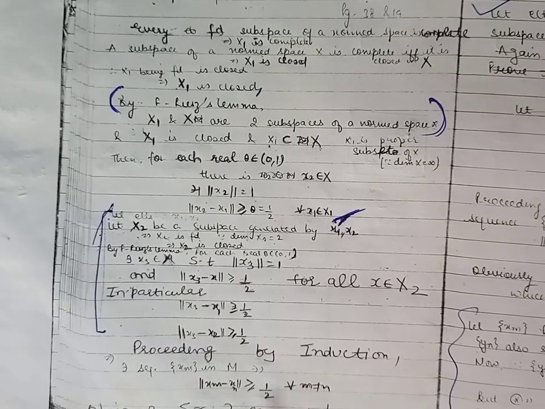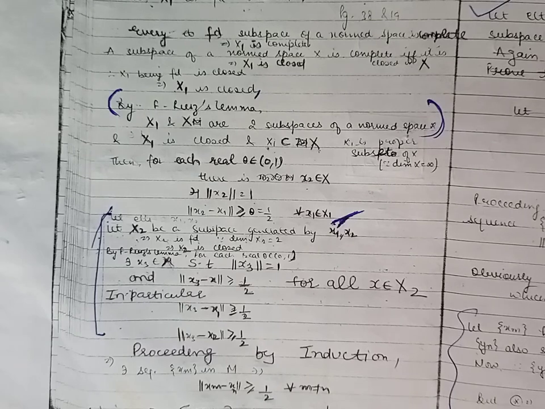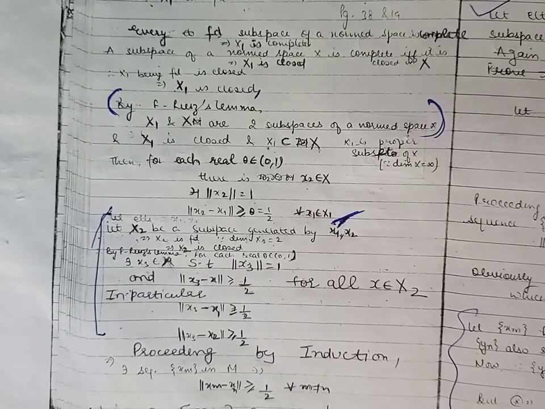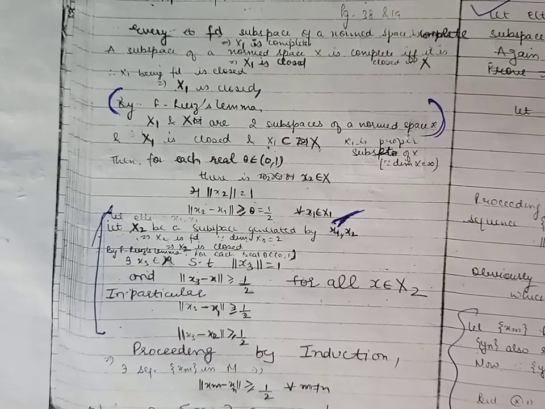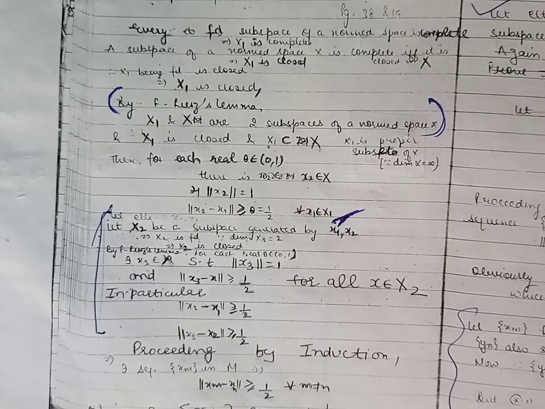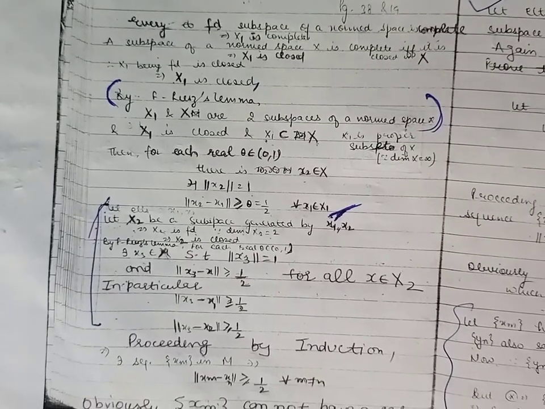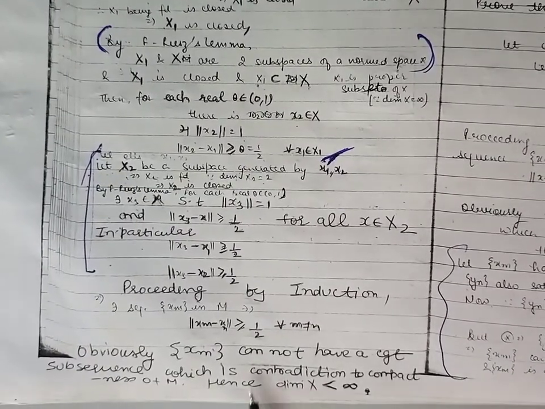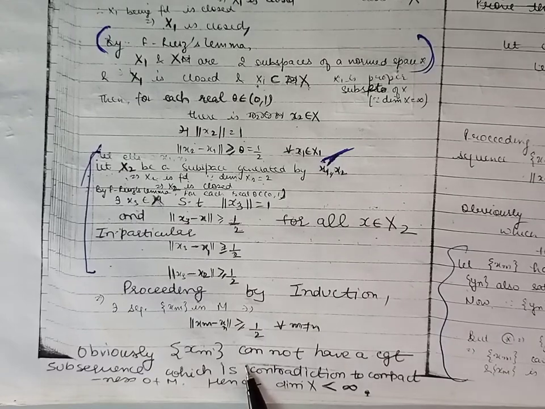So it means our assumption is wrong, which we assumed that the dimension of the normed space X is infinite. So this contradiction proves that the dimension of X should be finite. So this was one of the applications of Riesz lemma.